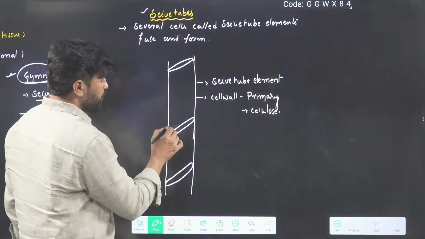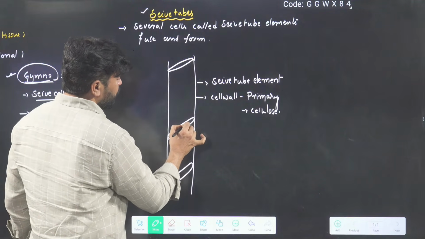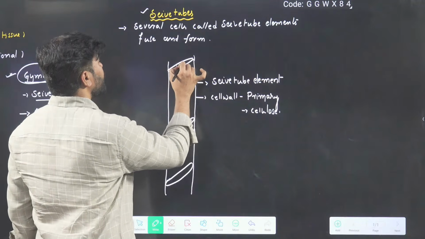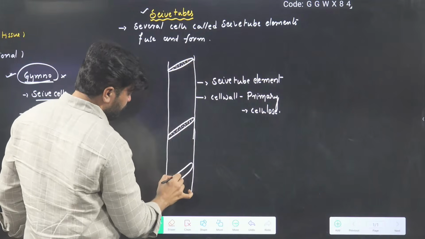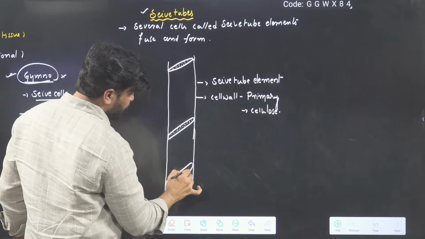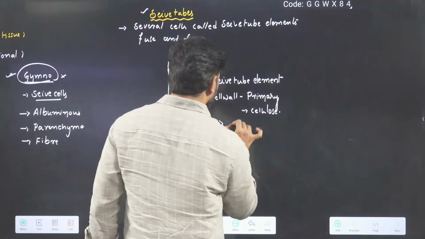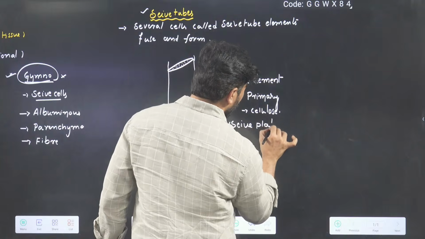Then there will be a formation of a kind of connecting wall between the two sieve tube elements. That connecting wall is known as perforated end plate. This perforated end plate appears like a sieve plate.